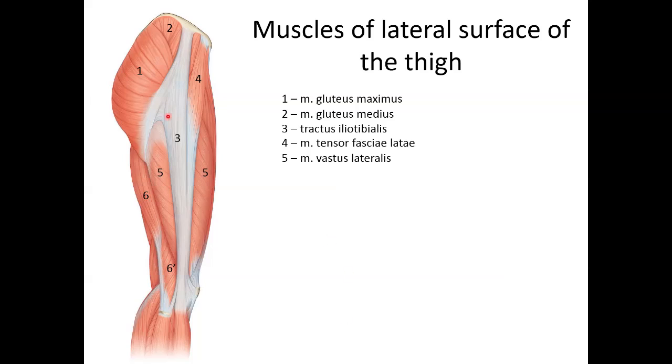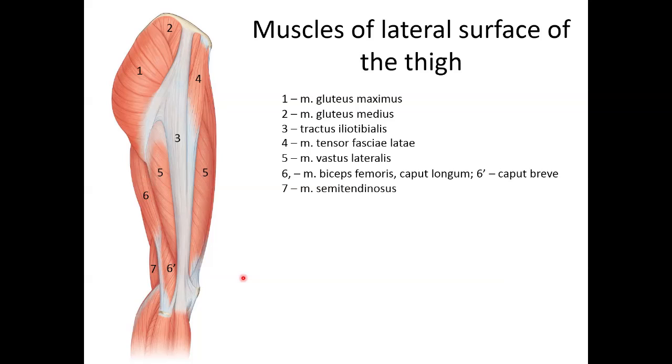Biceps femoris has 2 heads, long head, caput longum, and short head, caput breve, and together they attach in a united tendon, and we can always see it from lateral aspect, also from posterior aspect, but from lateral always. So, musculus biceps femoris, caput longum, and caput breve.